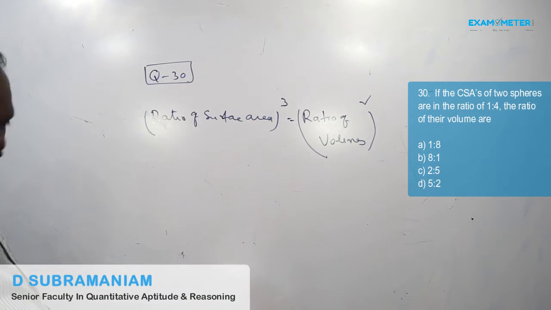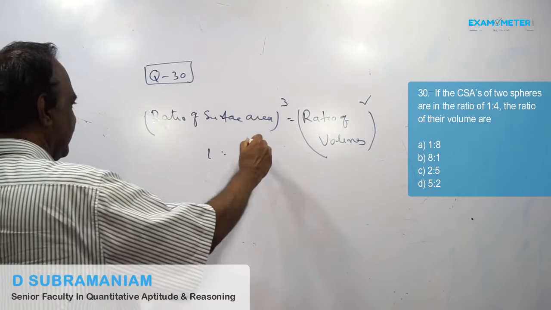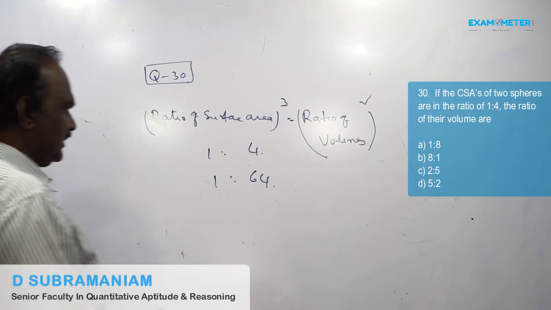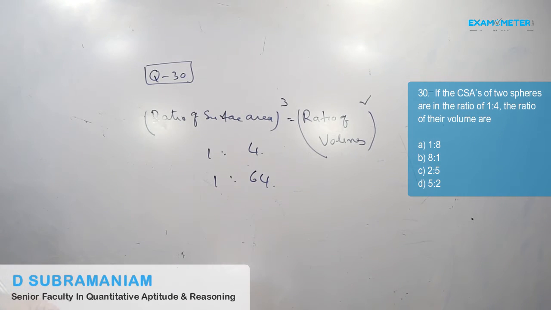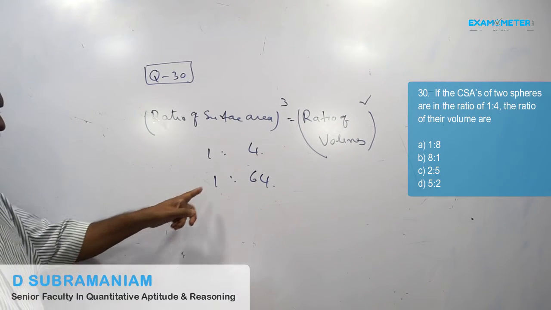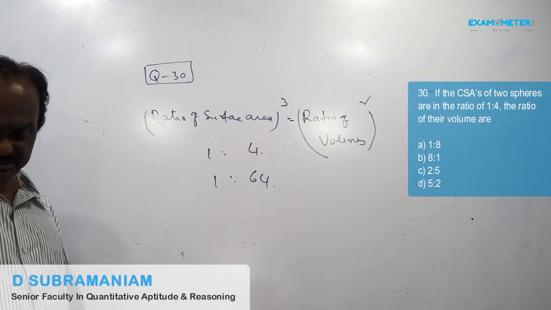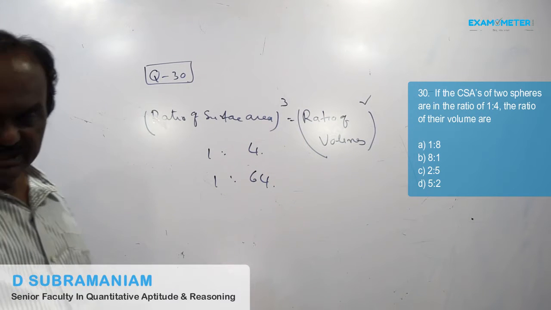This is given as 1:4, that is 1:64, that is 1:8. Root of 1 is 1, root of 64 is 8. So the answer is 1:8, that is multiple choice B.